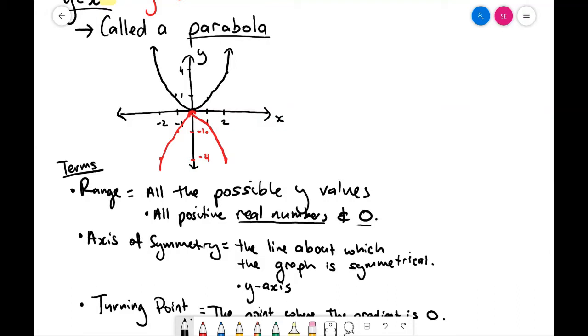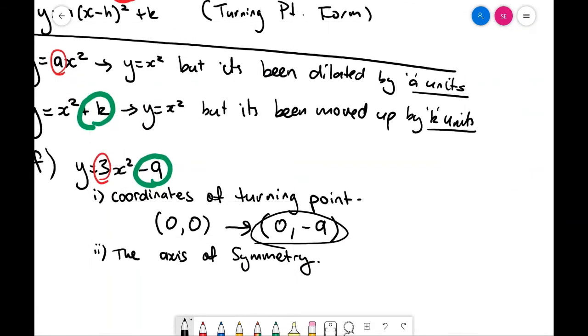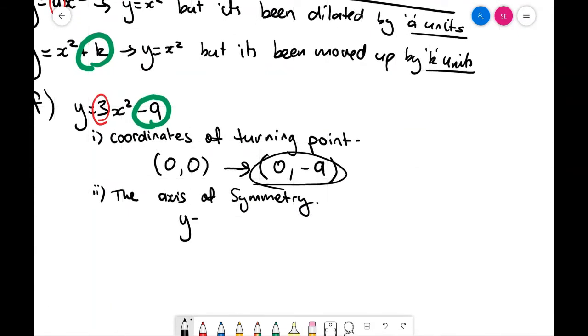Now what's happened with this parabola here is it's just moved down 9 units. It hasn't moved left or right, so it's still going to be symmetrical about the y-axis. So the axis of symmetry is still the y-axis. And if you want to be exact, it's when x is equal to 0, because the y-axis is just where x is equal to 0.